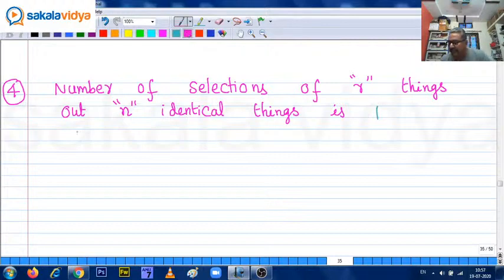So first let me complete combinations, then after that I will start probability.